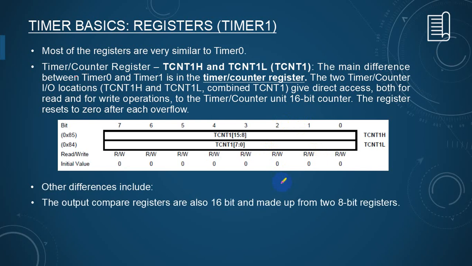Other differences include that the output compare registers are also 16-bit and made up from two 8-bit registers. There is an extra input capture register. This is another mode of operation.